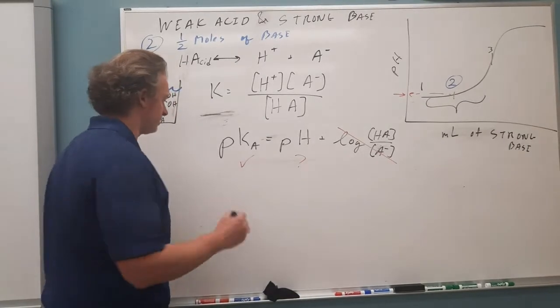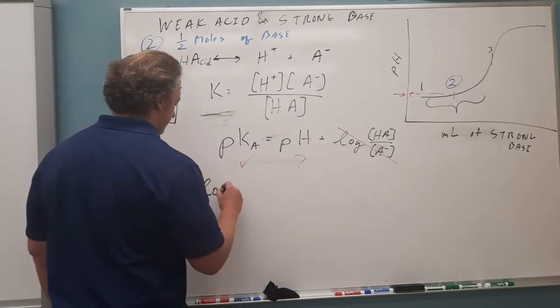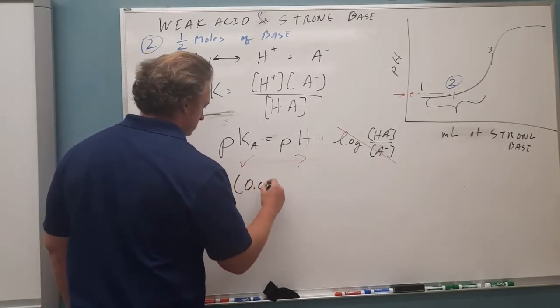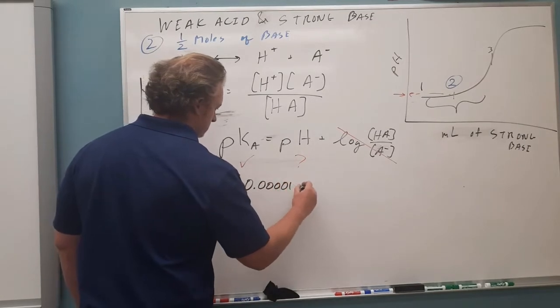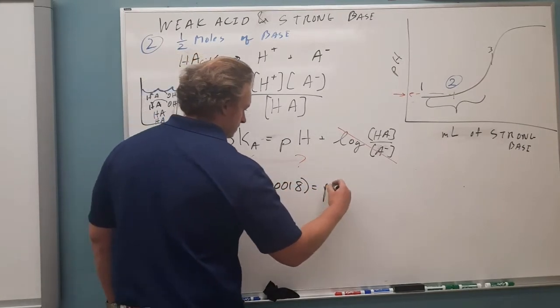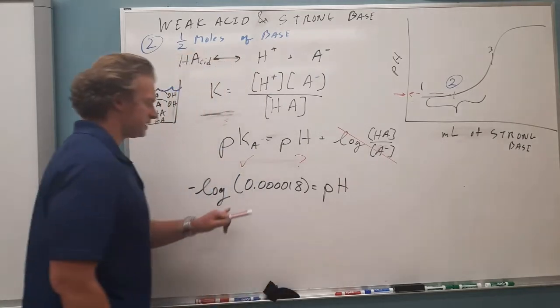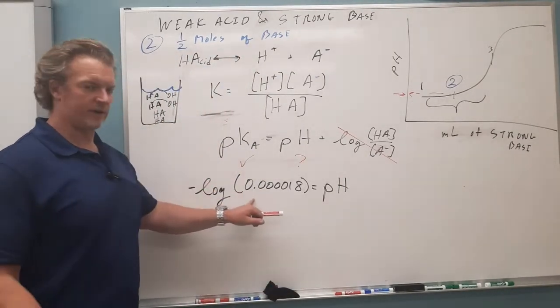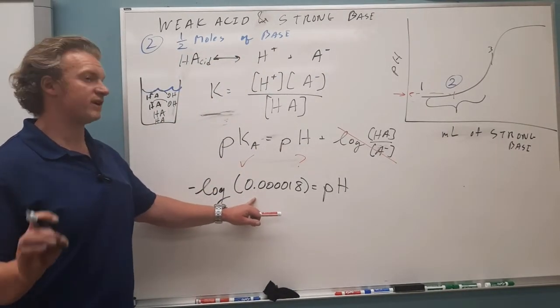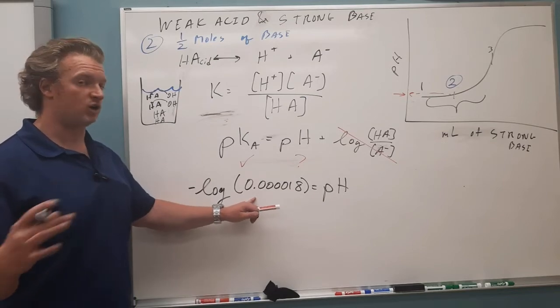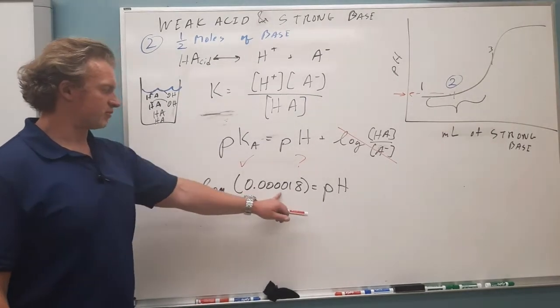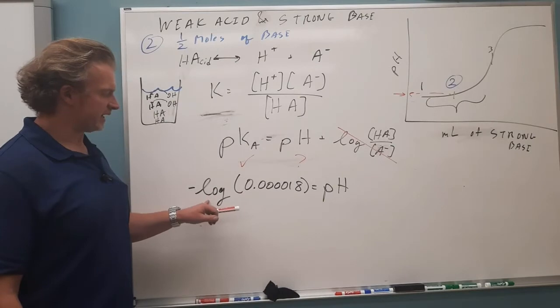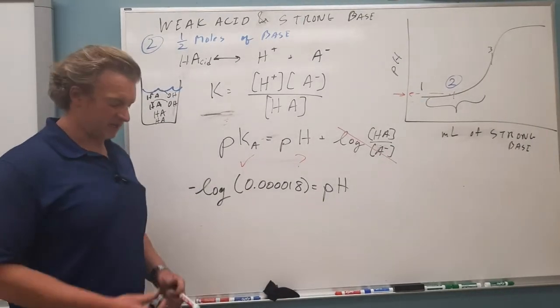It's a small number. This is a K value for a very specific weak acid that I'm using only as an example. This is a number I know. I can punch this into my calculator and solve for the pH.